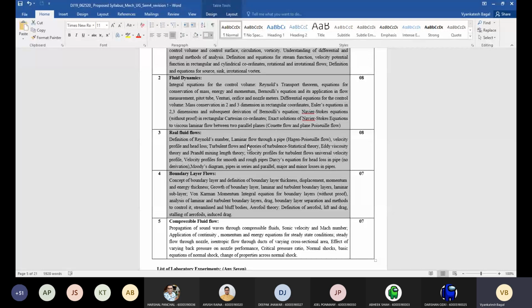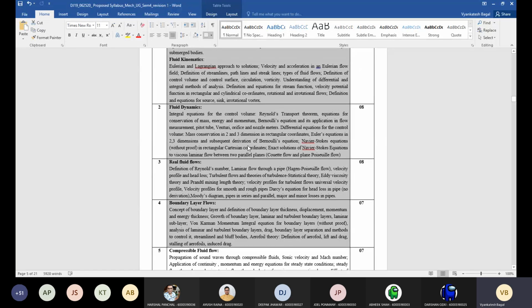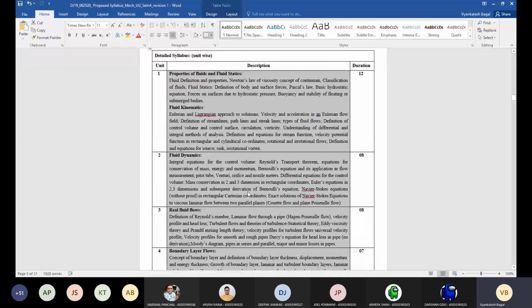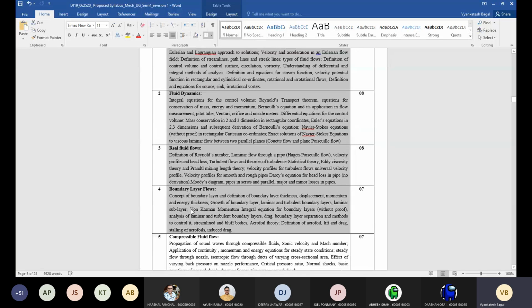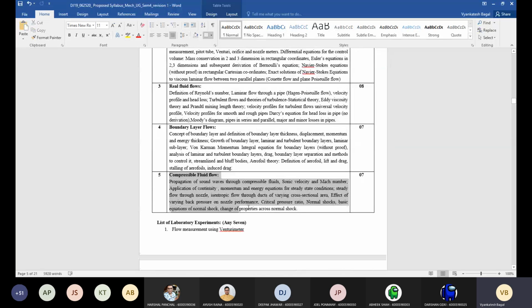We'll say that the density of the fluid remains constant throughout, and there is no increase or decrease in the density. That type of assumption we make 99% of the time in these 4 modules. However, here in compressible flow, we'll consider the effect of these density changes. Fine. And this whole module is based on compressible flow.